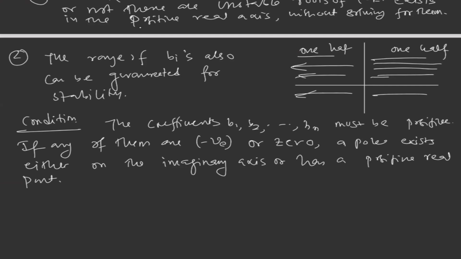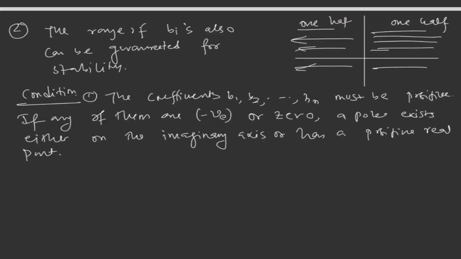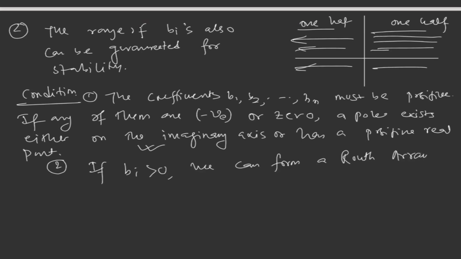Now, this is the first condition. Second condition: if Bi is greater than zero, that is, if the first condition is fulfilled and all are positive, we can form a Routh array. So let's look at how the Routh array looks.